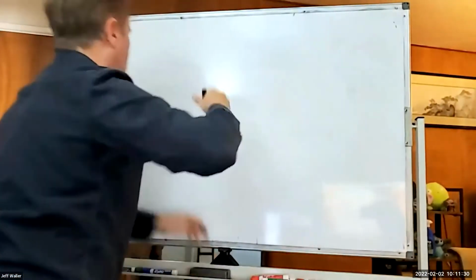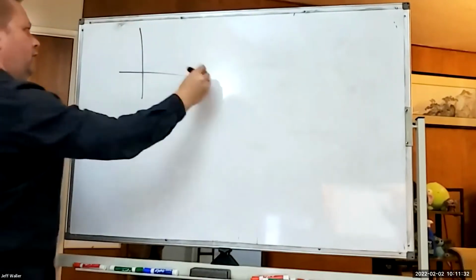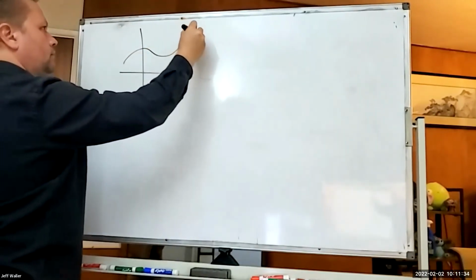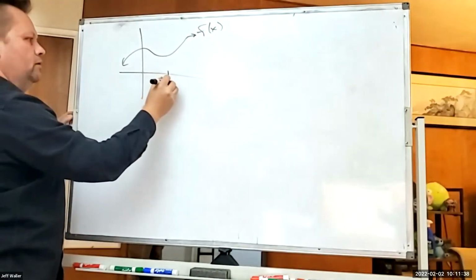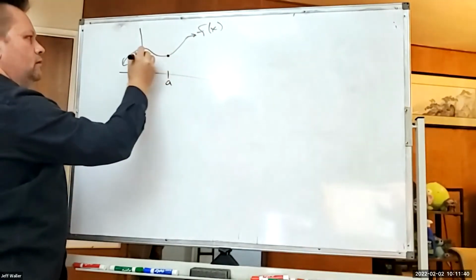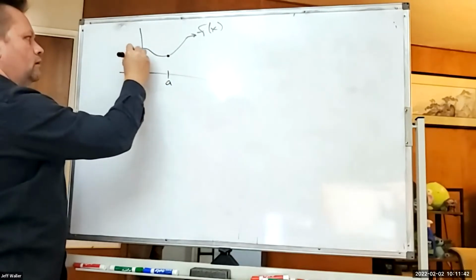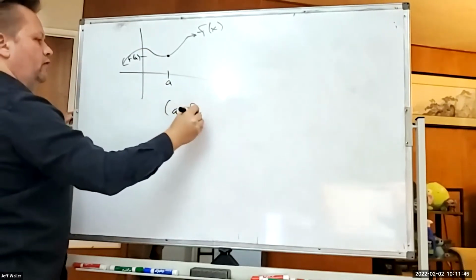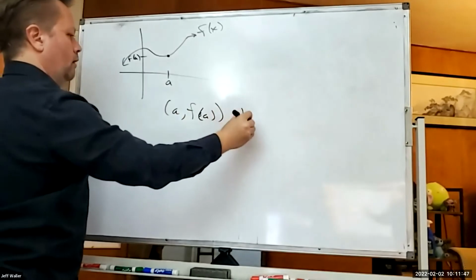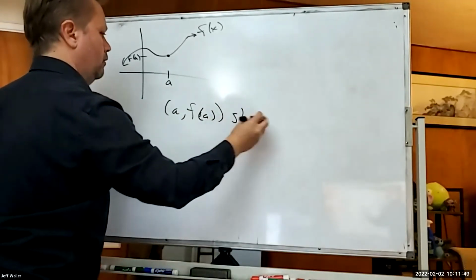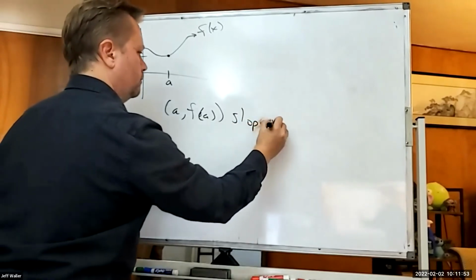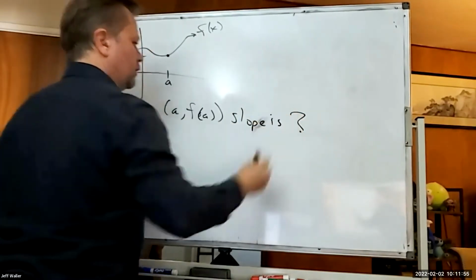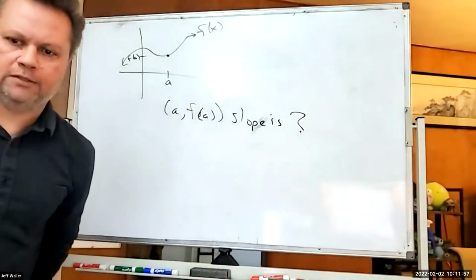So if I have a function, given a function, and I want to know the slope at a point A, f of A. That's what we want to know at that point.